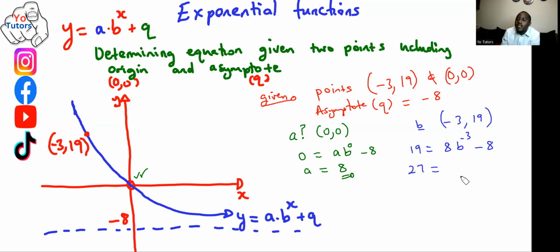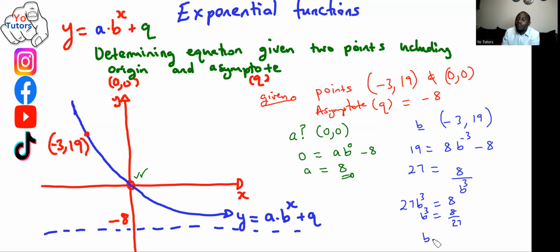So if we are to take that 8 to that side, that side is going to be equal to 27. 27 is going to be equal to 8 over B to the power of 3, because we know that this is a negative, so it's an exponent. So we take the B cubed there, 27 B cubed is equal to 8. Then B cubed is equal to 8 over 27.